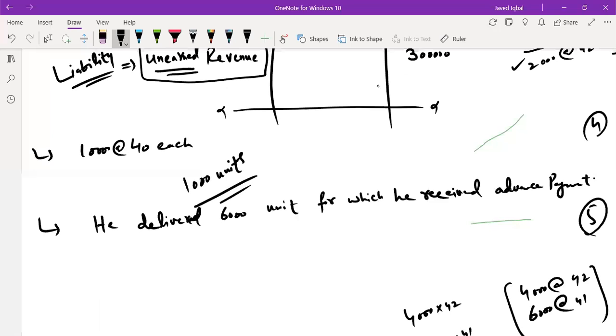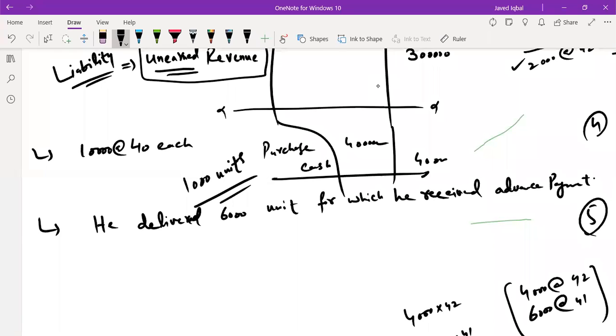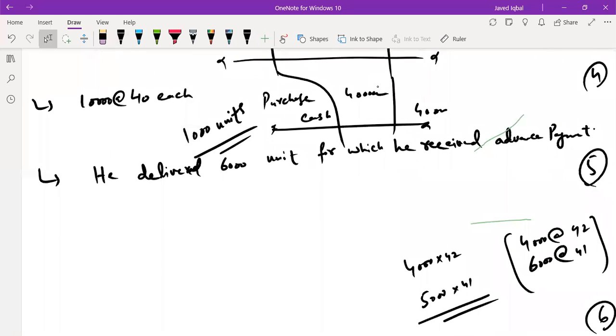So you can definitely record it as purchases debit, cash credit, 400,000 and 400,000, right? So this would be your purchases, and then we ask you to deliver these 6,000 units for which you received advance payments. So now how will you record it? That's a million dollar question, basically.